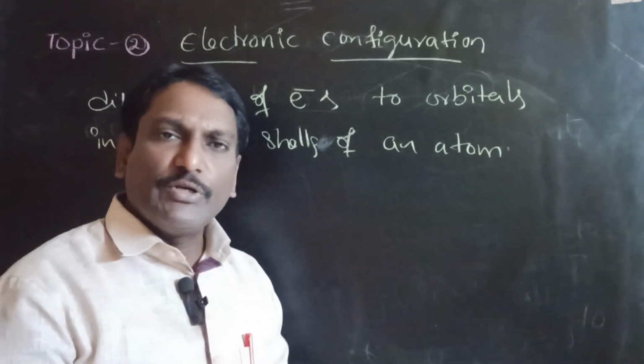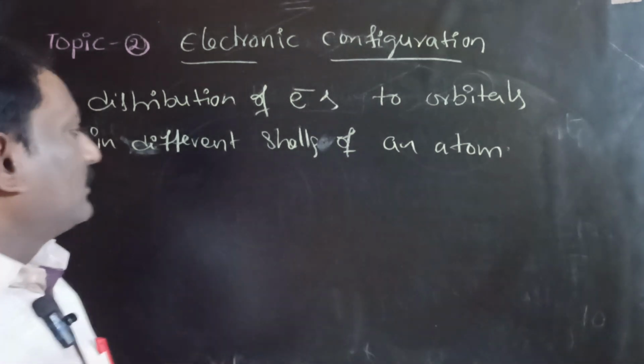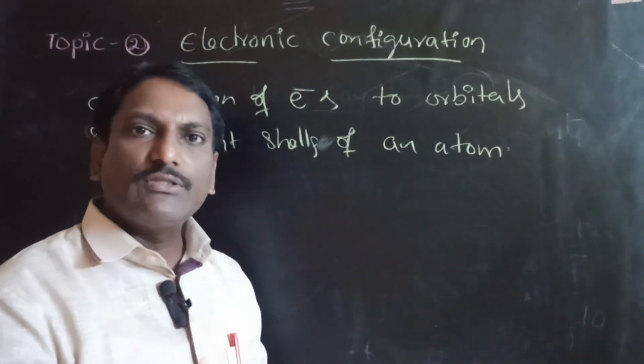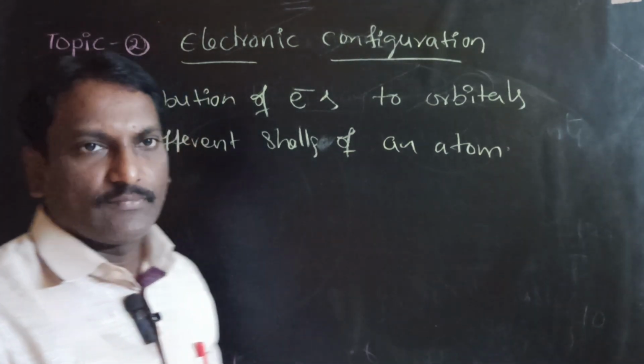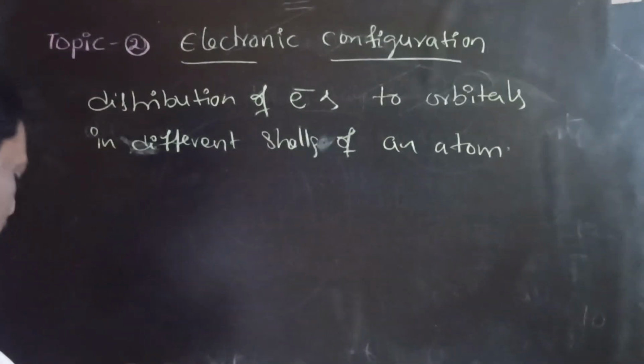So birthday means distribution of chocolates to the students in the class, or in a simple way, the distribution of electrons to the shells in an atom is called electronic configuration, right?